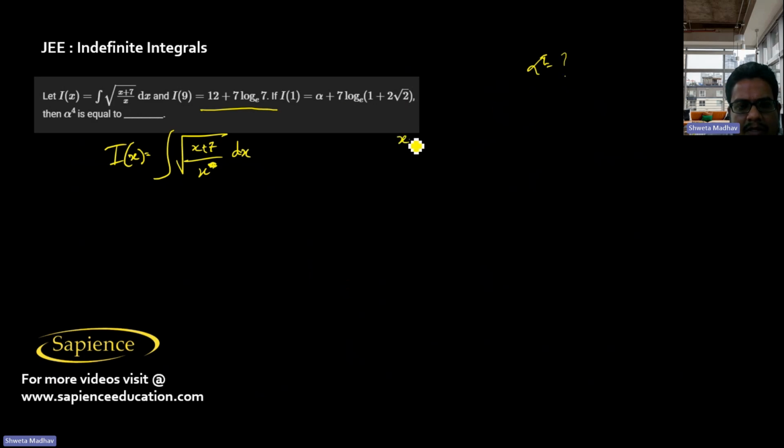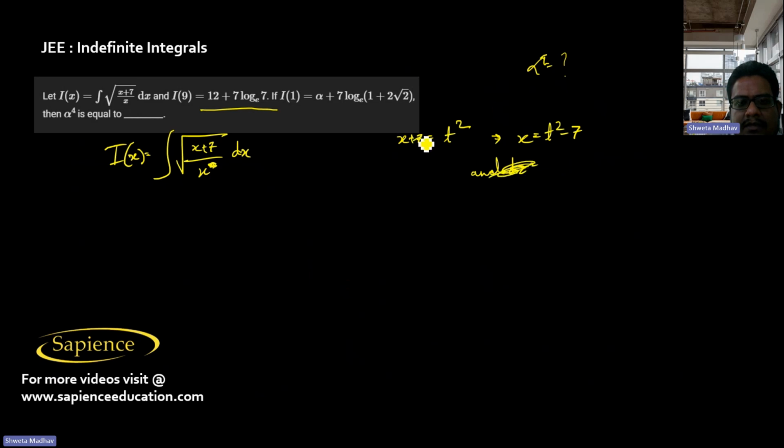Now here we can take, let's suppose, x plus 7 equal to t square. Then x will be equal to t square minus 7, and dx will be equal to 2t dt.